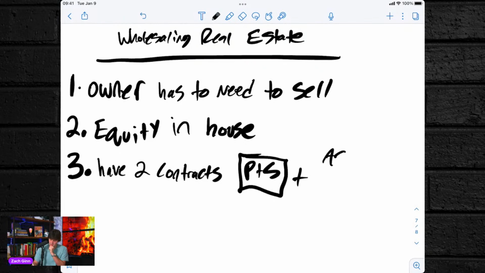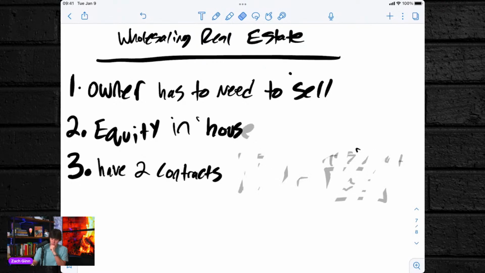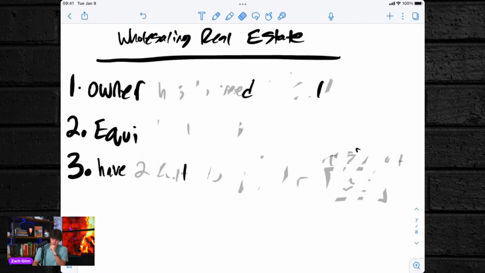And then you need the assignment of contract, basically saying me selling it for a certain price. That's pretty much all the criteria you need for anyone in wholesaling to get a deal, right? You have to have the two contracts signed. Someone has to have equity in the house, and they're the actual owner and they want to sell. That's pretty simple. If we have a probate, things get a little complicated, but that's really it.